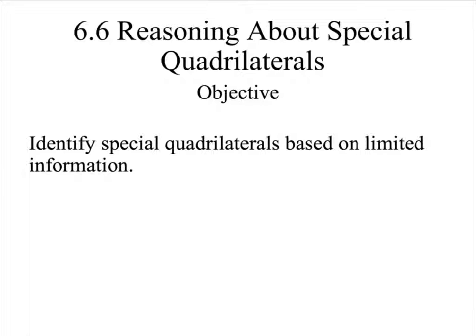I'm going to give you a piece of information, and you have to tell me: is there enough information to conclude that it is one shape or the other, a square or a rhombus, or both? Let's go on to our first note of the day.